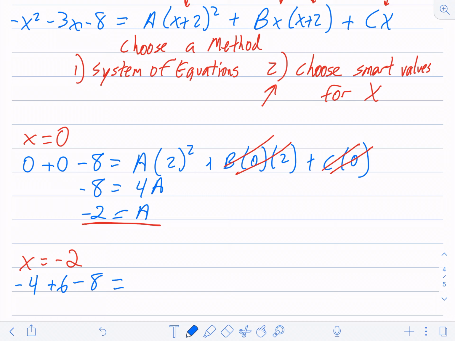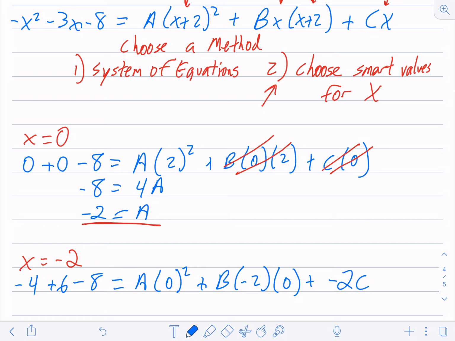And then what's that going to be? That's going to be a times 0 squared, right? Because negative 2 plus 2, plus b times negative 2 times negative 2 plus 2 is 0. It's going to eliminate that. And then plus, and this is going to be negative 2 times c, right?